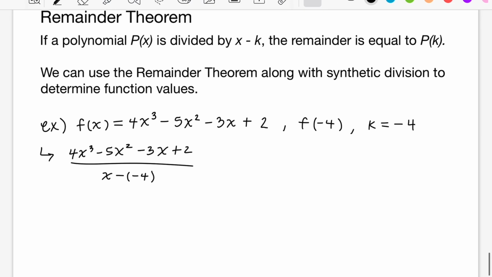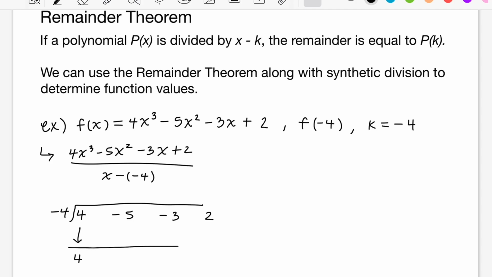So performing our synthetic division, we'll take the coefficients of our polynomial and divide by our k value here, so this minus 4. First thing we'll do is pull this guy down here, and we're going to add all of these guys since we have x minus minus 4. Right?